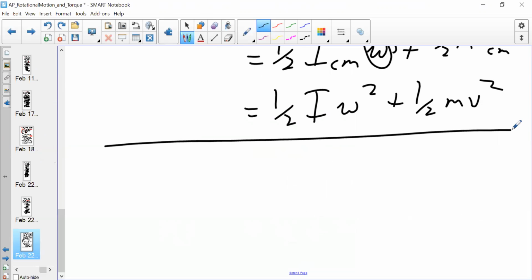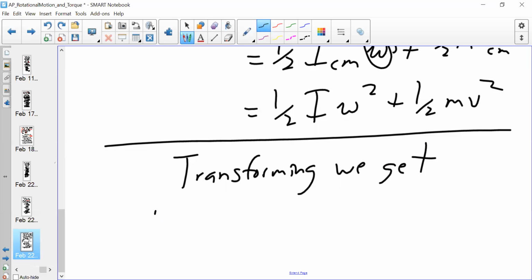So we have this term here, and transforming, we get the total kinetic energy 1/2 I_CM. This is the moment of inertia about the center of mass.